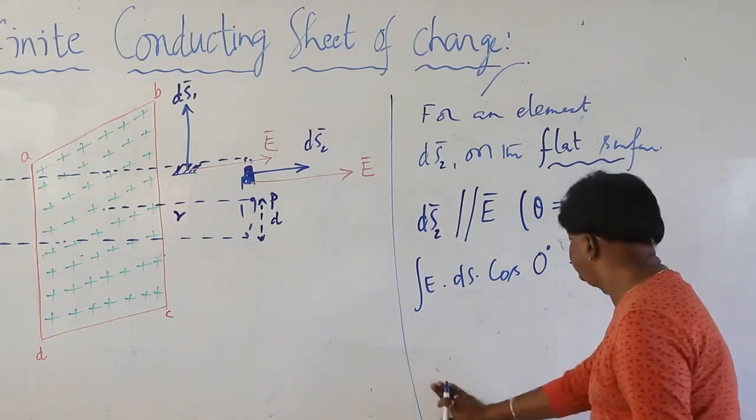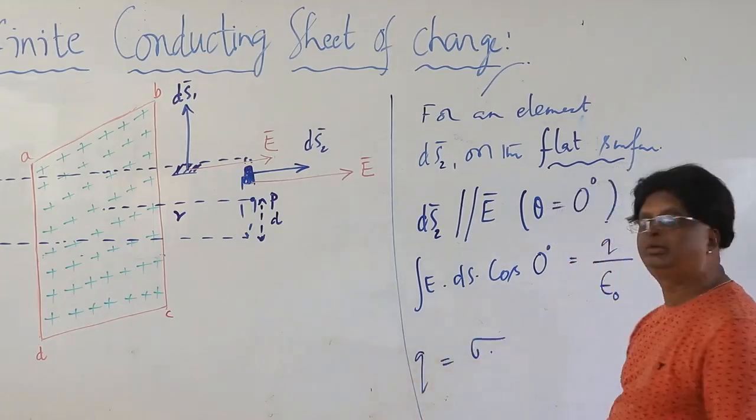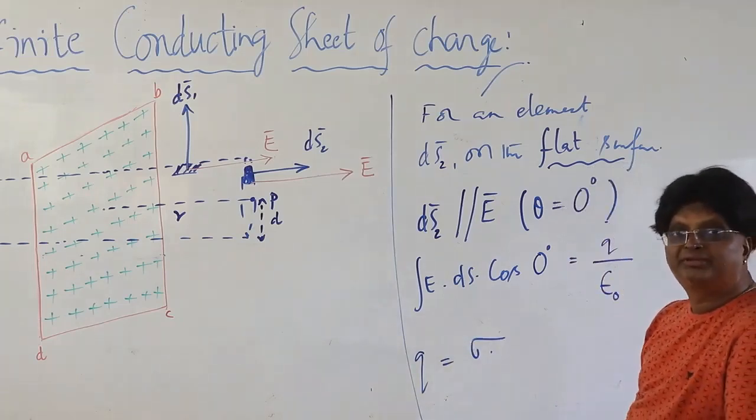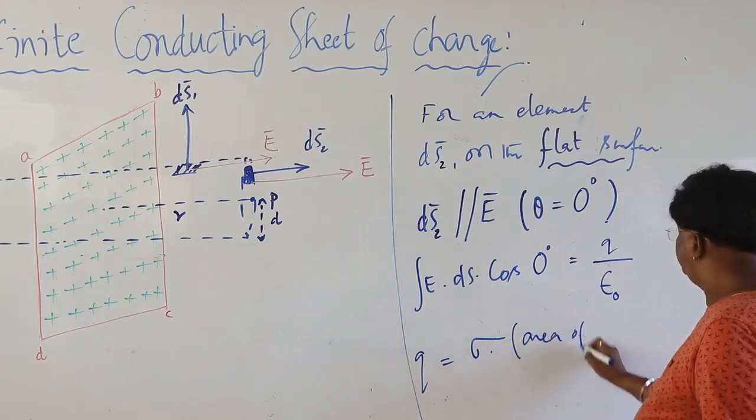So now Q is equal to sigma times, what is sigma? Charge per unit surface area, into the area of the flat surface.